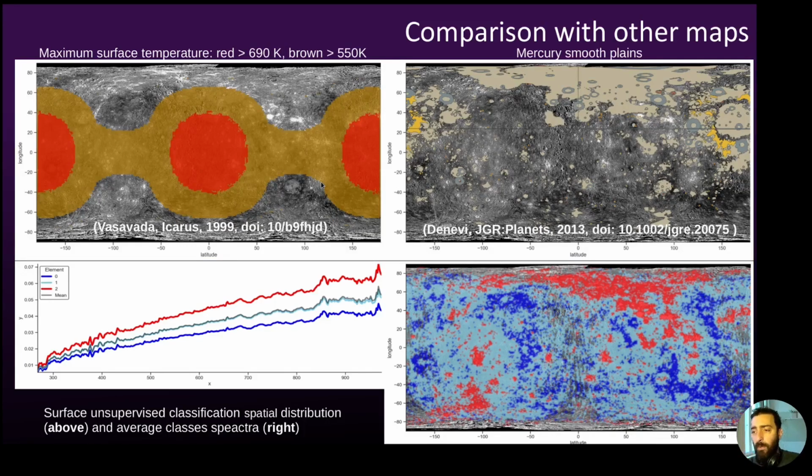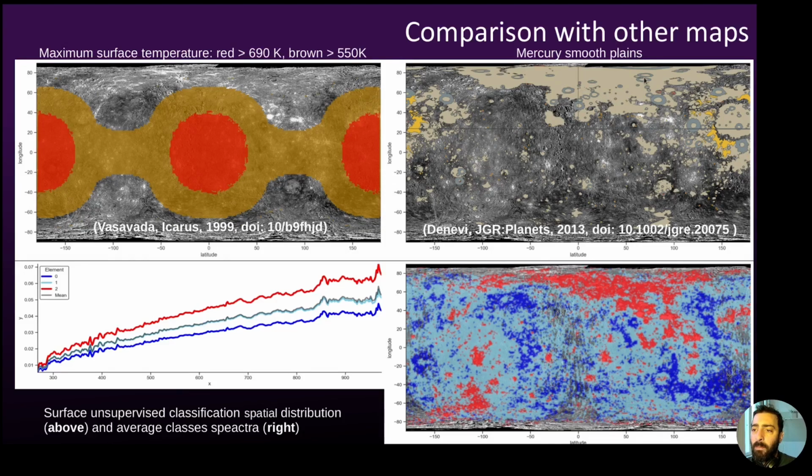So then we compare those results with other products, and in this case, you have 2. In the top right, you have the user-defined map. It was a scientist who published these results, a morphological mapping of the so-called northern smooth plains, which are younger plains in the north part of the planet, plus the big Caloris basin that is younger than the other parts.